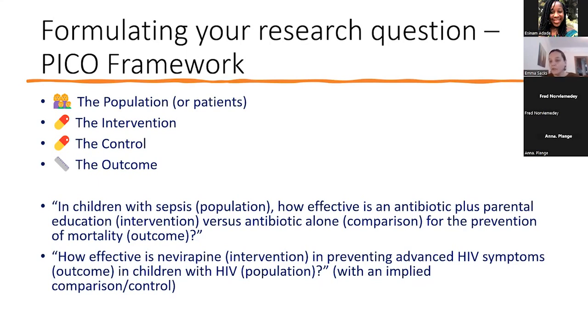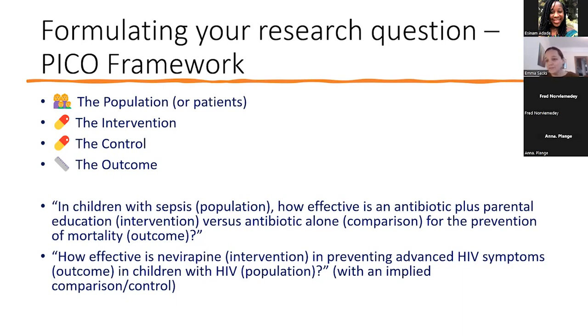So a PICO framework is just an acronym that helps you go through these questions. What you need to define if you're going to do a review is what is your population.